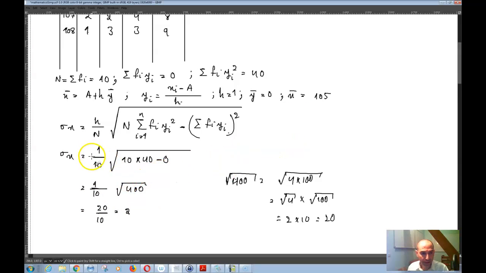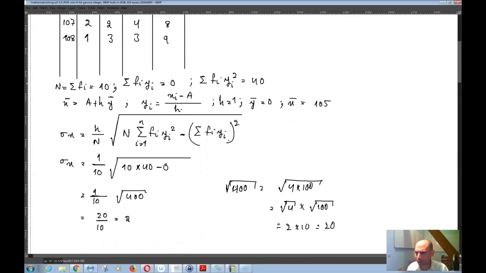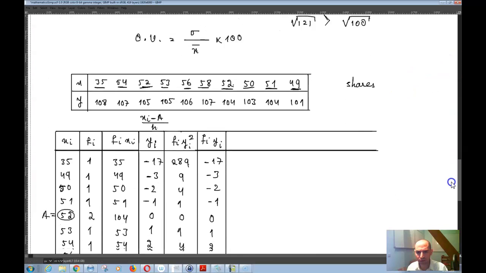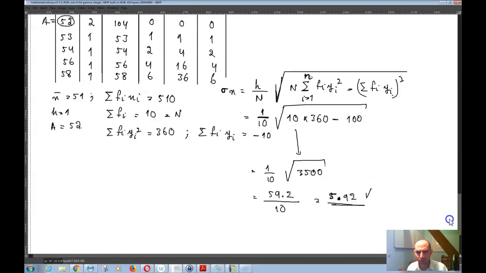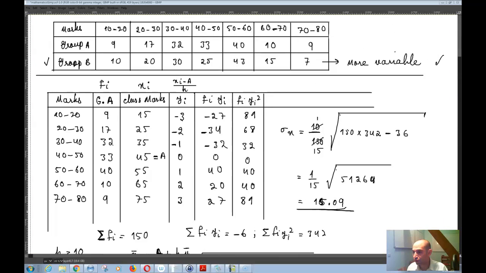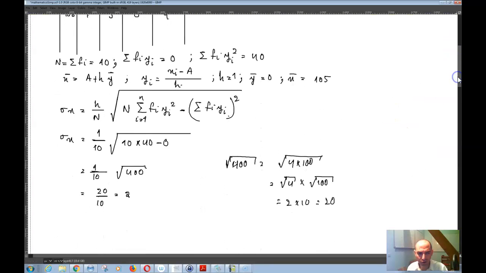So as you can see, the value of sigma previously, as we calculated, was something like, oh, sorry, we still need to do something else over there. We need to calculate the coefficient of variation.